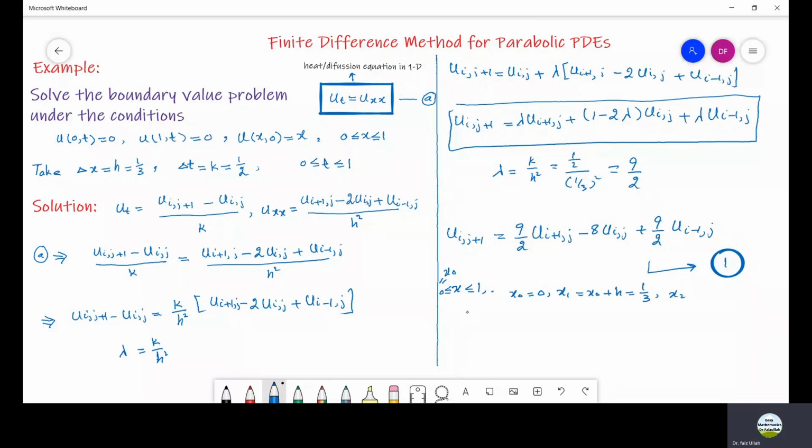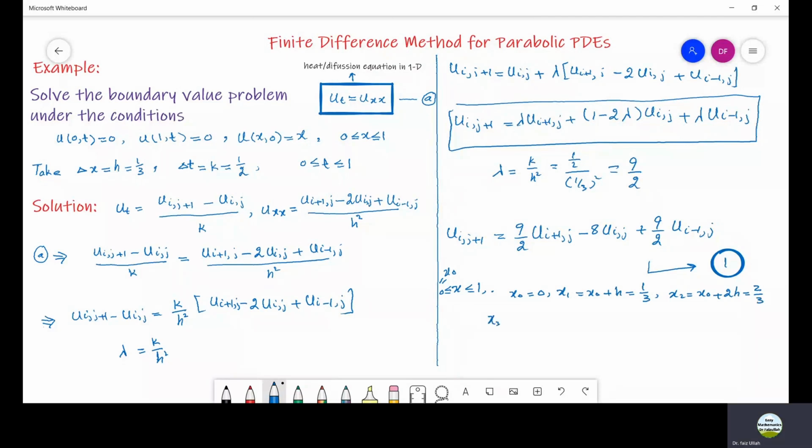Now the value of x2 is equal to x naught plus 2h, so we get x2 is equal to 2 over 3.